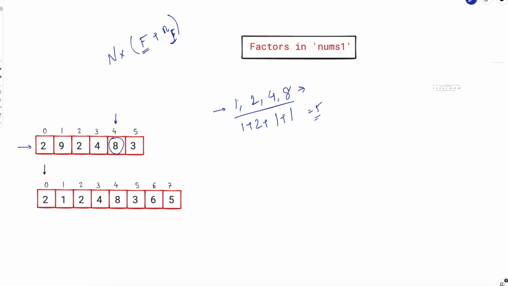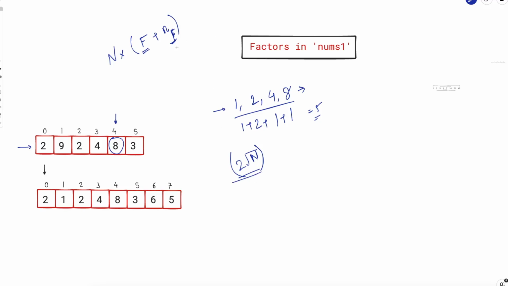How many factors are there? If you think about it, 8 has 4 as a factor, 8 as a factor, so it might look like the number of factors can go up to order n, but that's not true. The number of factors can only be 2 root n at max. Now how will we come to that?